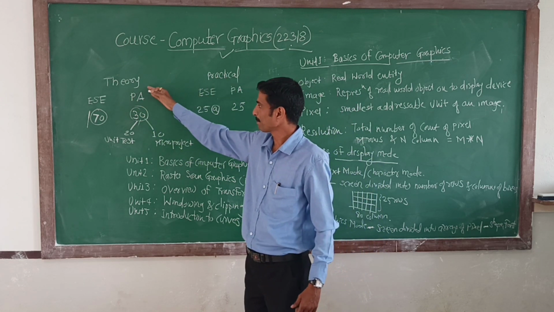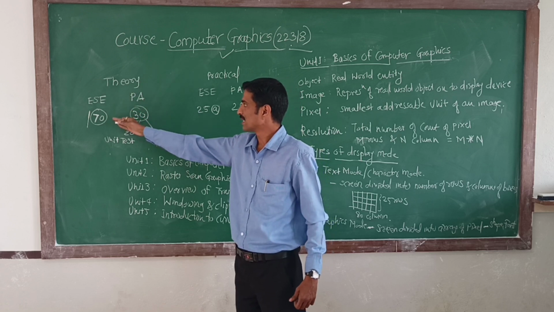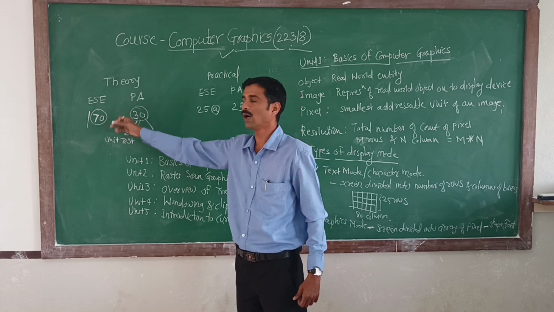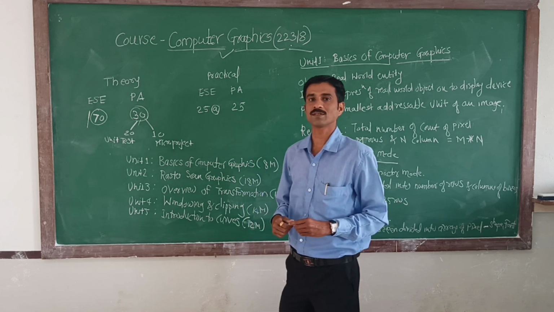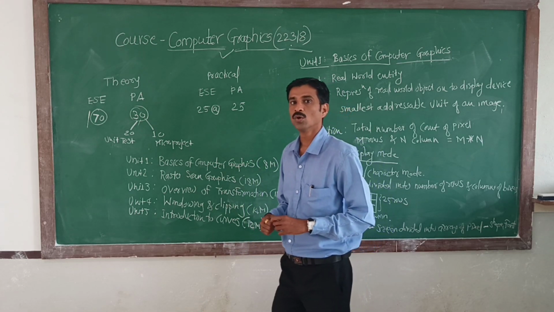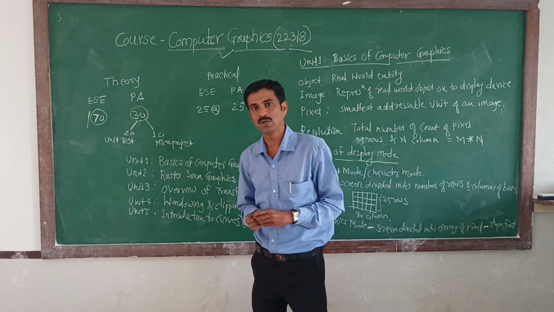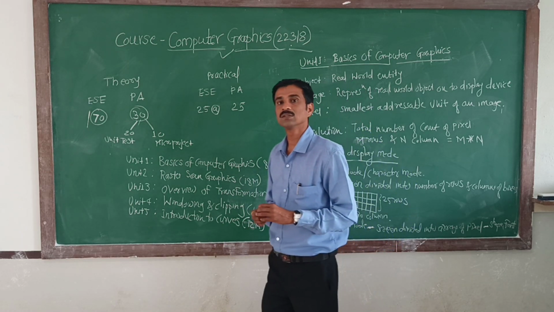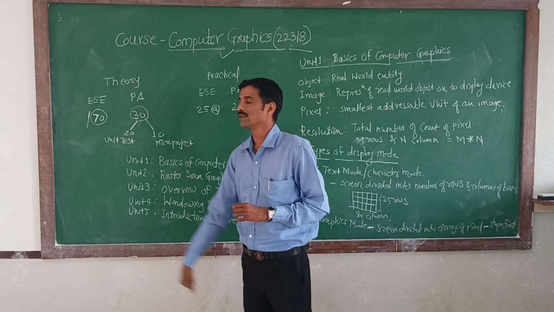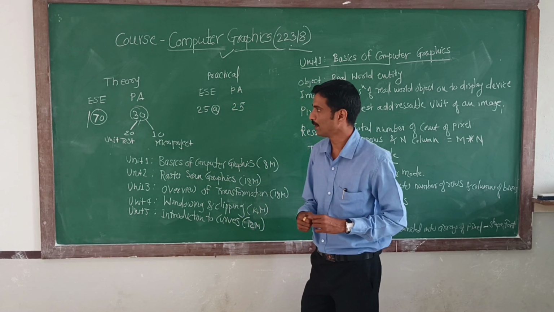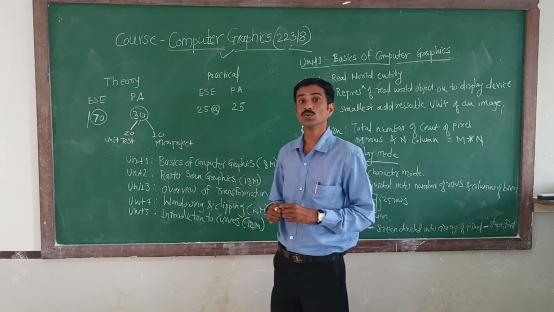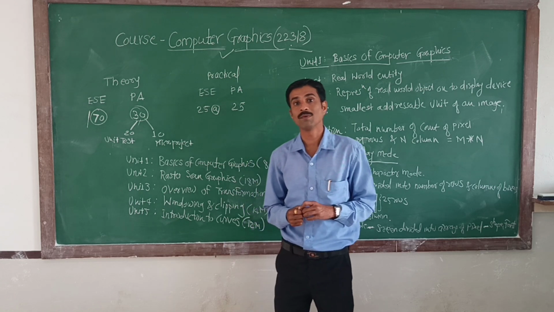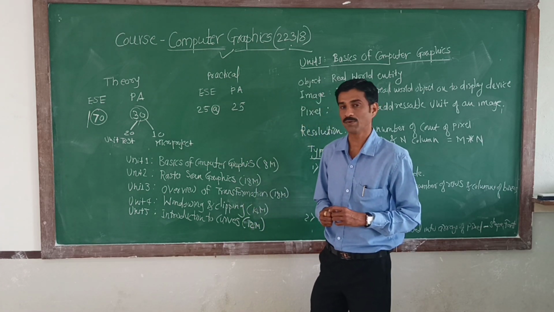In the theory, the 70 marks are for end semester examination, means the paper which is set by MSBTE. Okay, so it is of 70 marks. Then for passing you must get 28 marks out of 70.